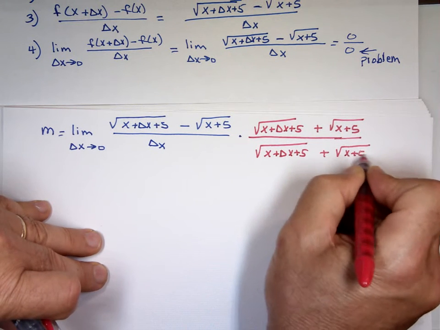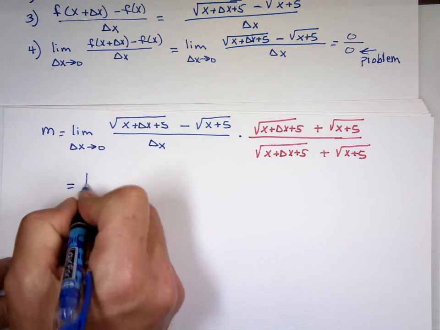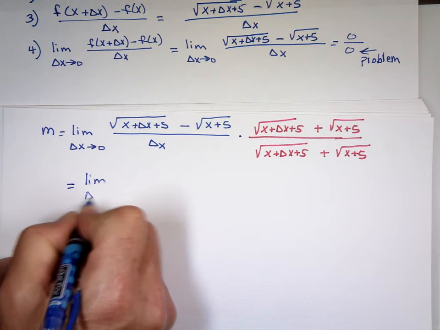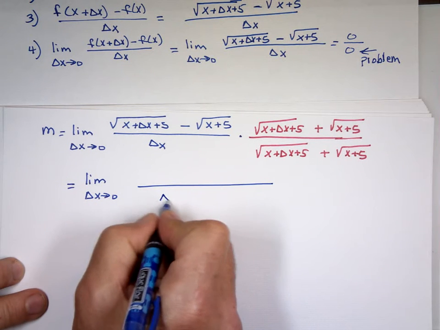Notice I'm multiplying the top and the bottom by the same thing. Otherwise, you change the value of the fraction. And the bottom, leave it alone, just delta x times the conjugate.